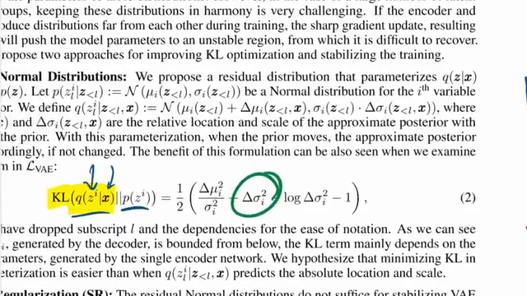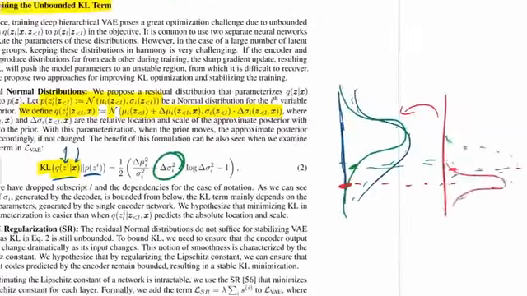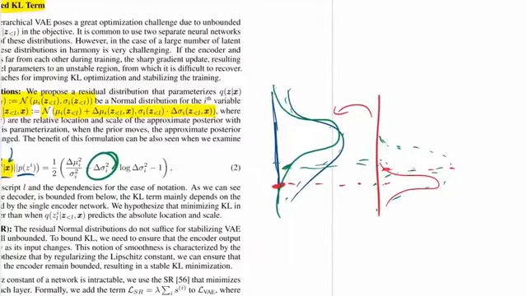We define the Q of the Z in a given layer as the normal distribution with mu I, that's your prior of that layer, plus a delta mu. And also the sigma is the sigma from the prior times a delta sigma that you output. So you're saying you're not supposed to output the actual distribution, you're supposed to output the difference of the distribution to the prior.